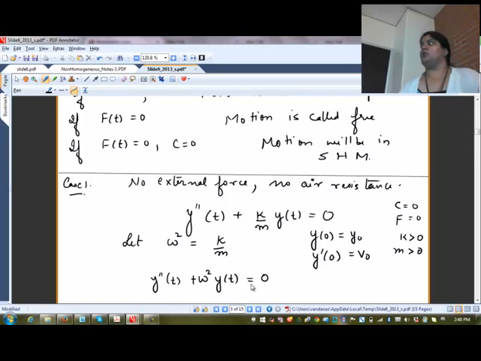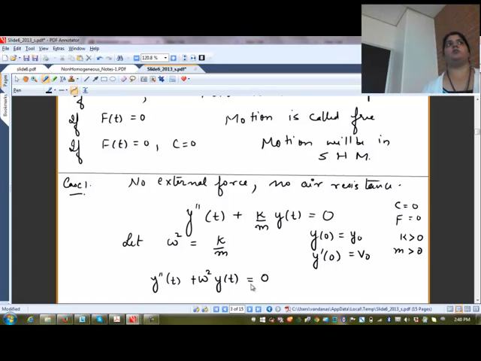So how will you solve this differential equation? Omega is just a constant. And is it homogeneous? Constant coefficient, homogeneous.